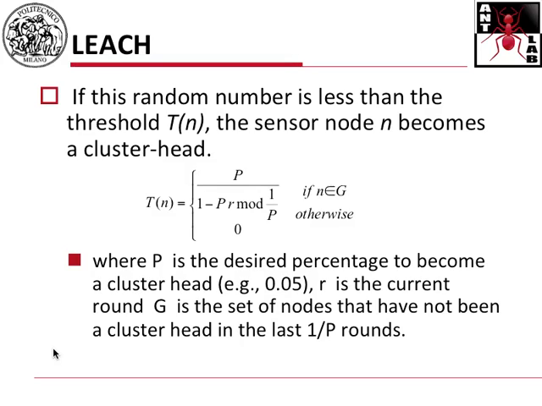If you go on with the rounds, this threshold increases. So for all the nodes which have not been elected as cluster head so far, this threshold value goes up, which means that the probability of being elected as cluster head increases. Clear?